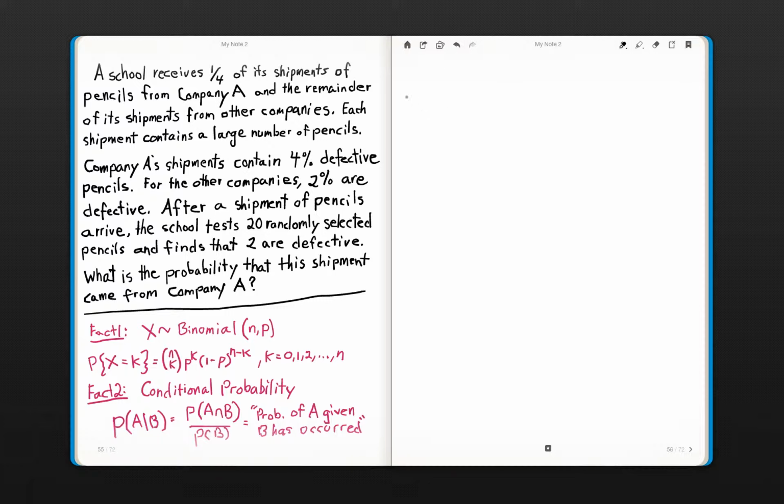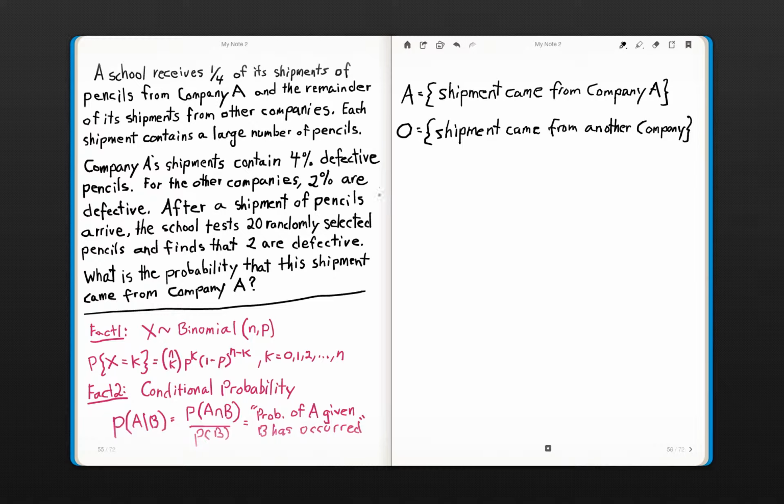So let's define some events here. It's always important to have some foundation, so let's define events. Let's define A as the shipment came from Company A. And let's define another event, O, to equal the shipment came from another company.